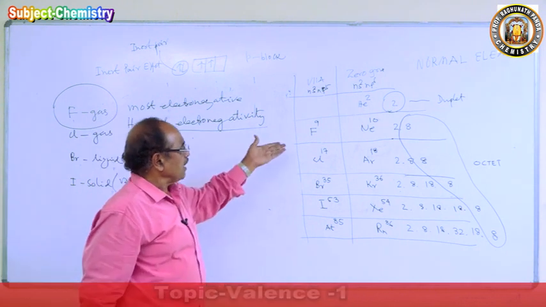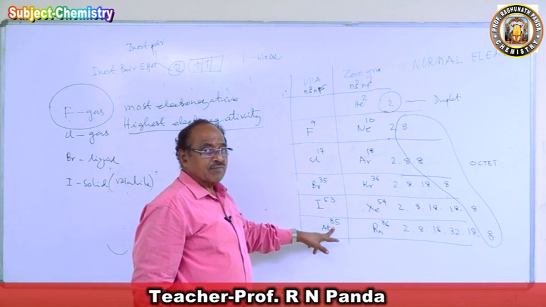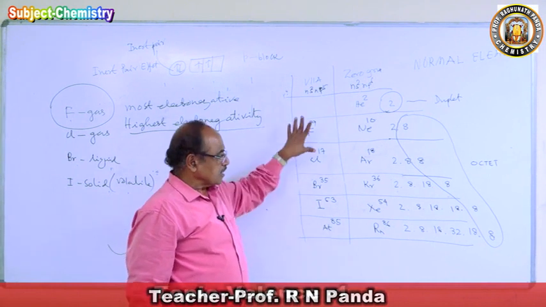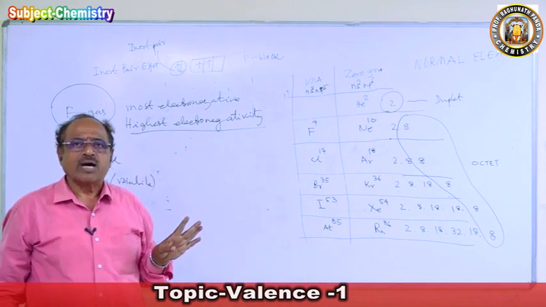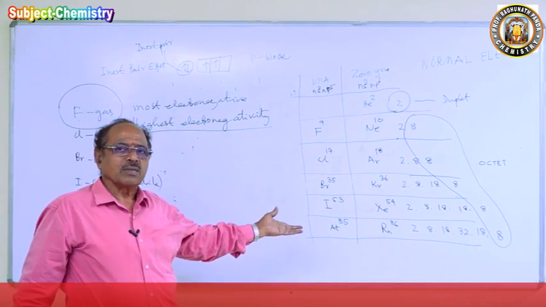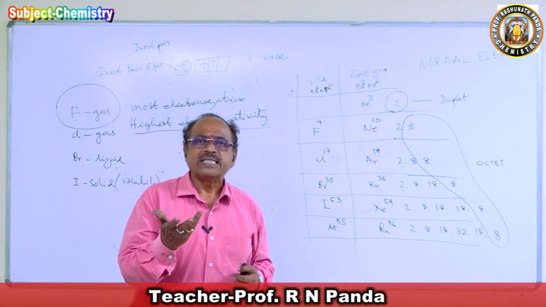And the atomic numbers I am writing: 9, 17, 35, 53, 85. After teaching valency, I will tell you how you can write the atomic numbers of elements. You only need to make an attempt. You have 7 periods.